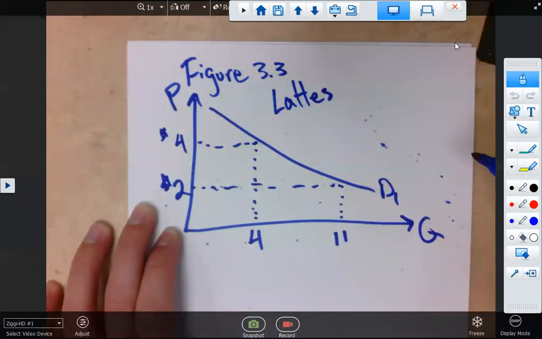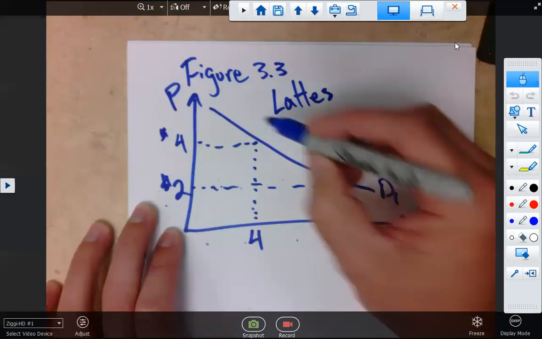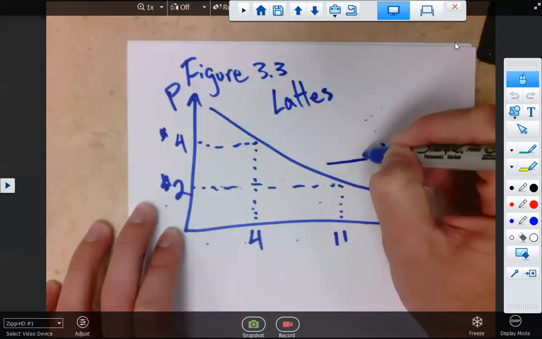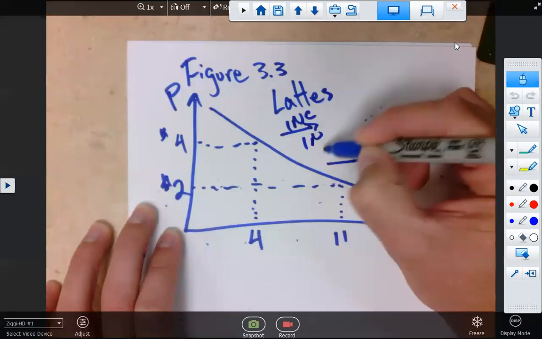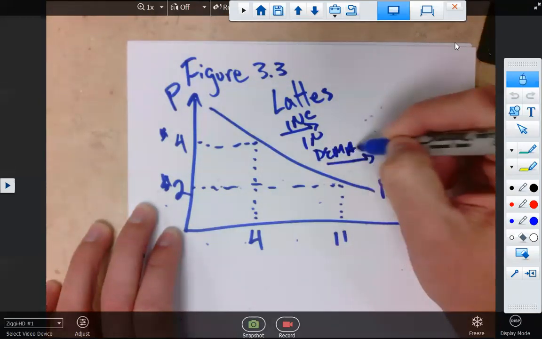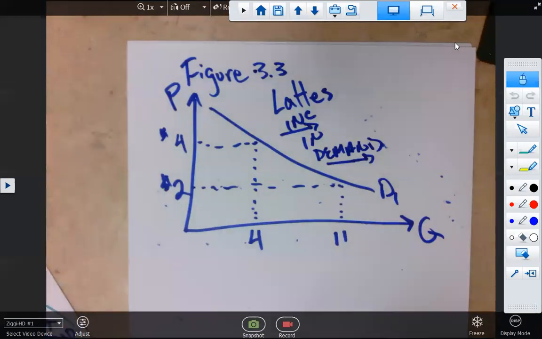If there's an increase in demand, what's going to happen to the demand curve? Is it going to shift to the right or to the left? To the right. Very good. So to the right is the increase in demand. And what happens when we increase the demand? Let's use a different color.